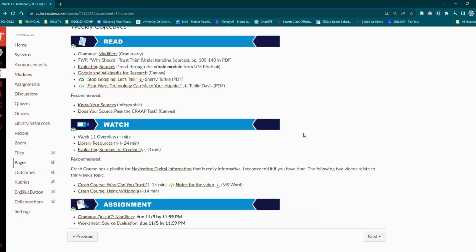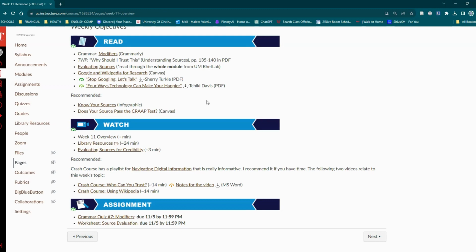Let's see what else we have here. Okay, the readings for this week that I want you to read both of these because they're related to the source evaluation. The first one is Stop Googling, Let's Talk by researcher Sherry Turkle. Turkle is a researcher at the Massachusetts Institute of Technology.